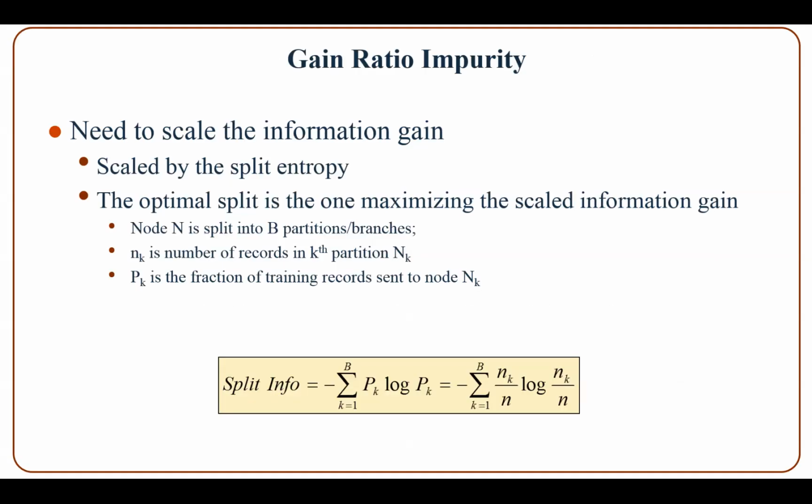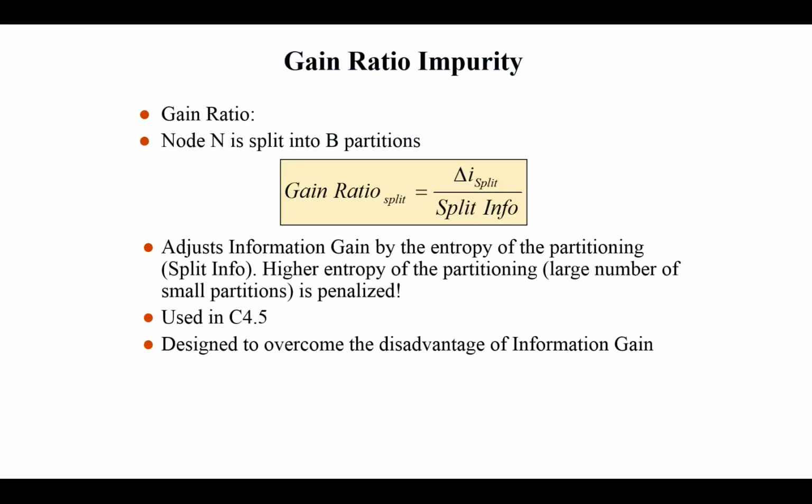In that case, the information gain needs to be scaled by the split entropy, and this results in the gain ratio. Gain ratio overcomes the disadvantage of information gain and is used in C4.5. The higher the splitting factor, the more penalized the gain ratio.